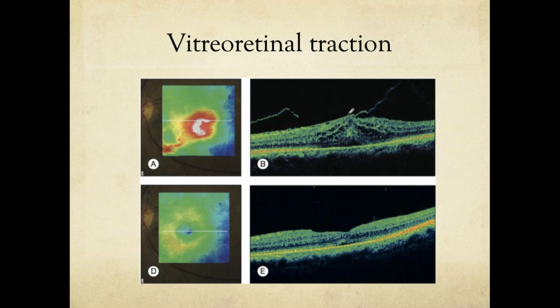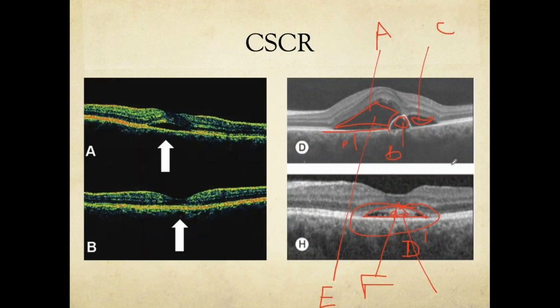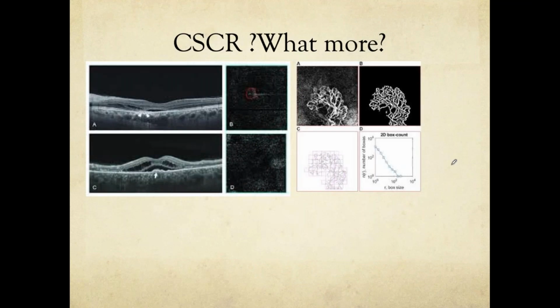So later on, even after the surgery is done or this traction gets released, the splitting that has occurred can result in an absolute scotoma in this eye. This we discussed.